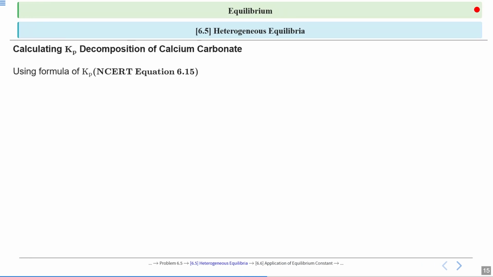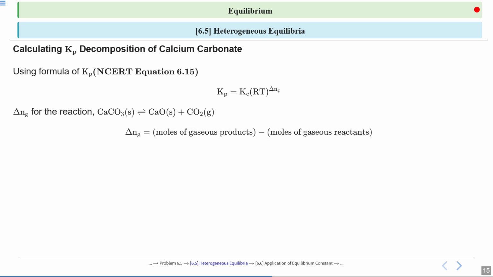Now we will use the formula of Kp. Kp is equal to Kc (RT)^delta Ng, and for the reaction, which is calcium carbonate going to calcium oxide and carbon dioxide, delta Ng can be written as 1 minus 0 because there are no gaseous species on the reactant side. Next, Kp will be equal to [CO2] RT raised to the power 1.